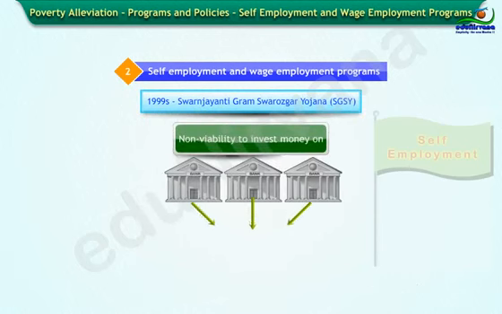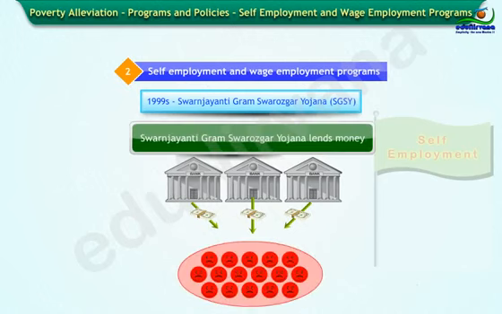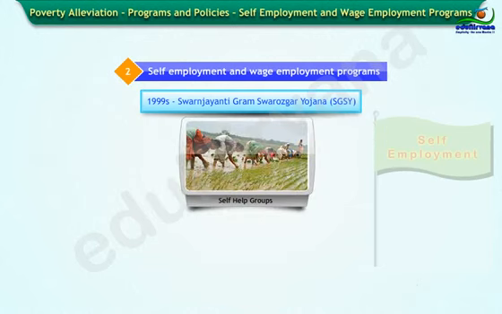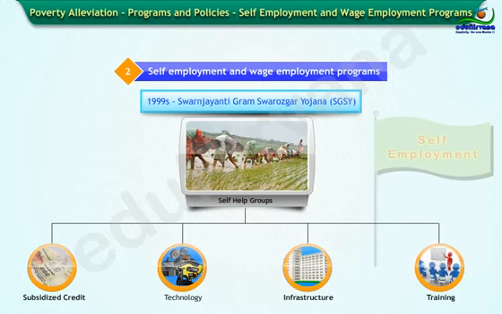Considering the non-viability of the enterprises of poor individuals and their poor creditworthiness, SGSY focused on groups to lend money and develop micro-enterprises. This scheme involves the organization of the poor into self-help groups or SHGs, which are provided with credit, technology, infrastructure and training.